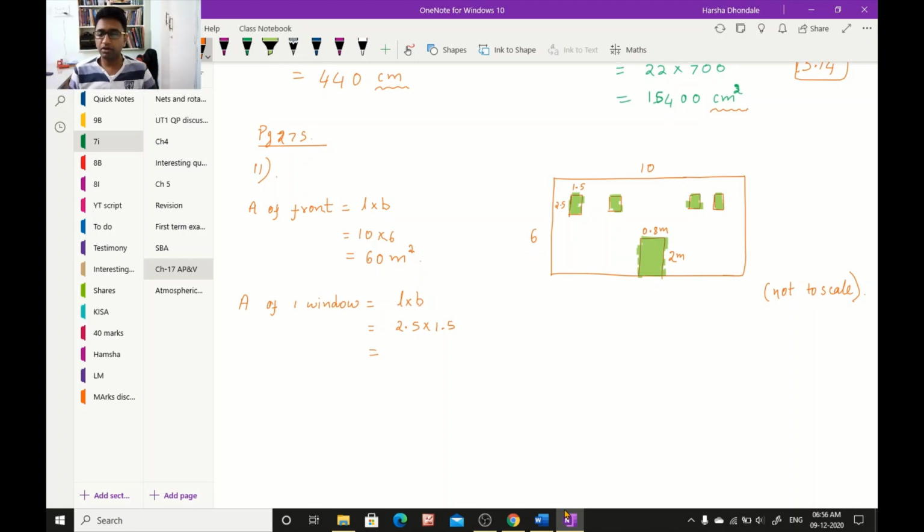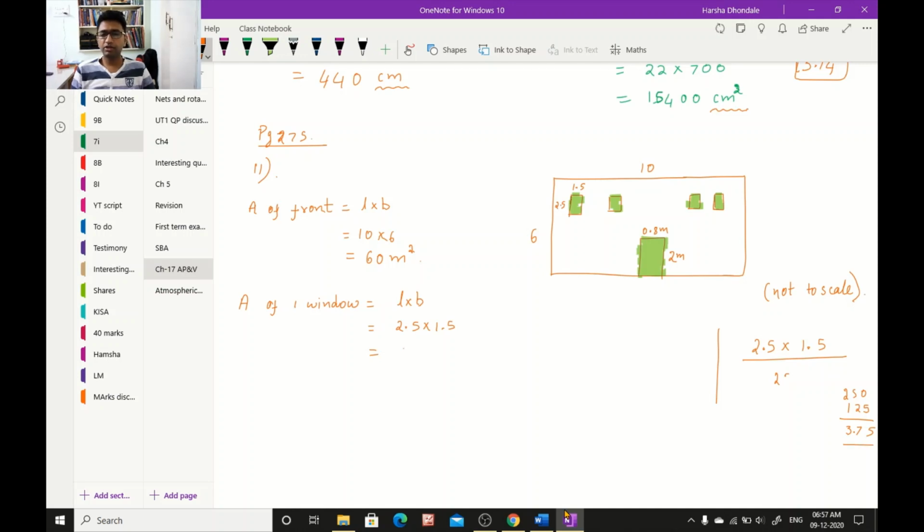How much is this 2.5 into 1.5? You can use a working column. 2.5 into 1.5, your answer will actually be 3.75.